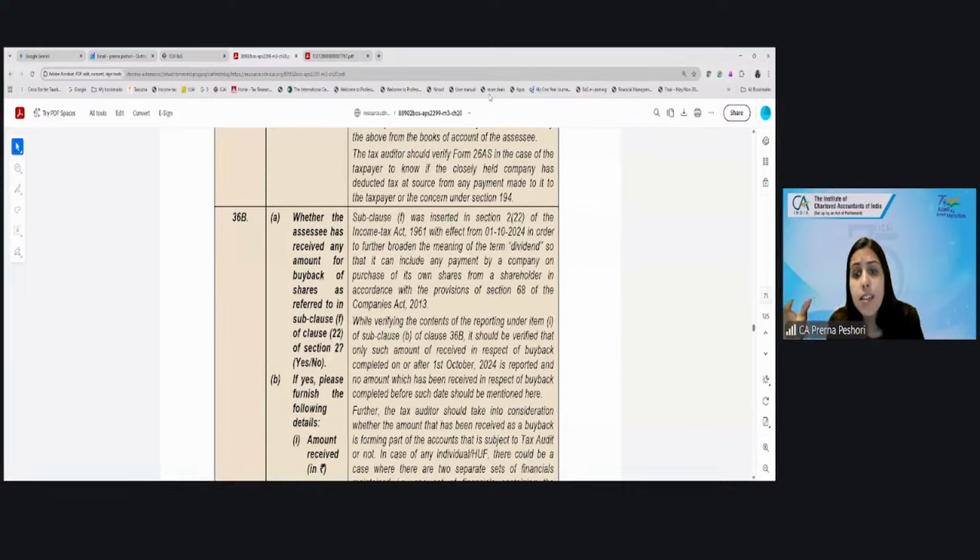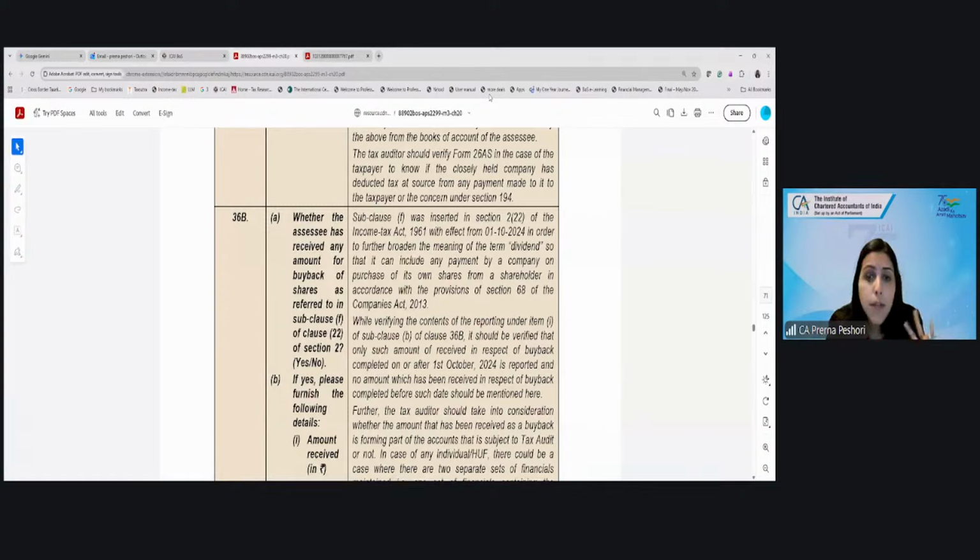Because if the shares and securities form part of the personal accounts, then no reporting is required to be made in this clause, because the tax audit is for the business. However, if the shares and securities have been purchased using the business income, and it forms part of the business account, then only here the amount needs to be reported.